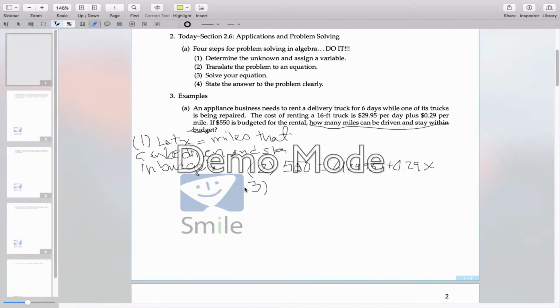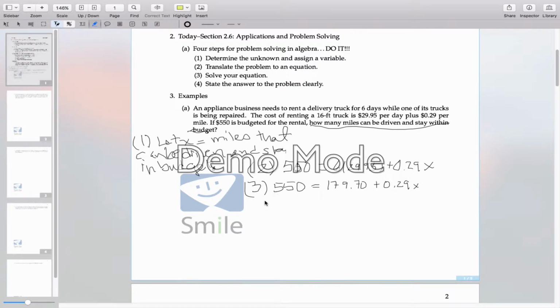What is that number? So I know that 550 is there. And I know that 30 times 6 is 180. And then 6 times 5 cents is 30 cents. So this product has to be $179.70 plus 0.29x.